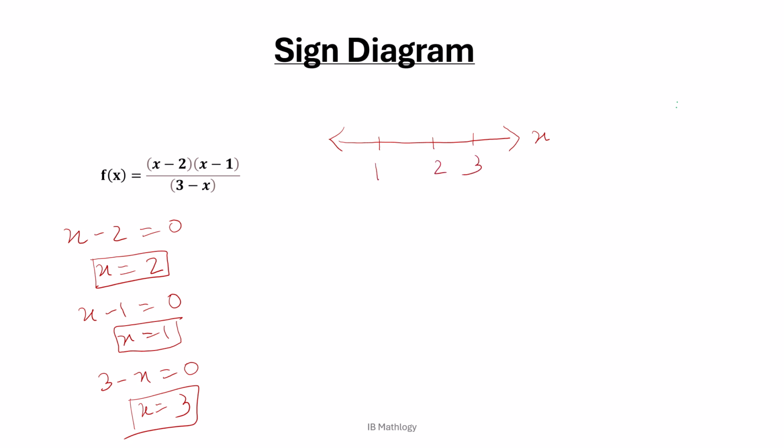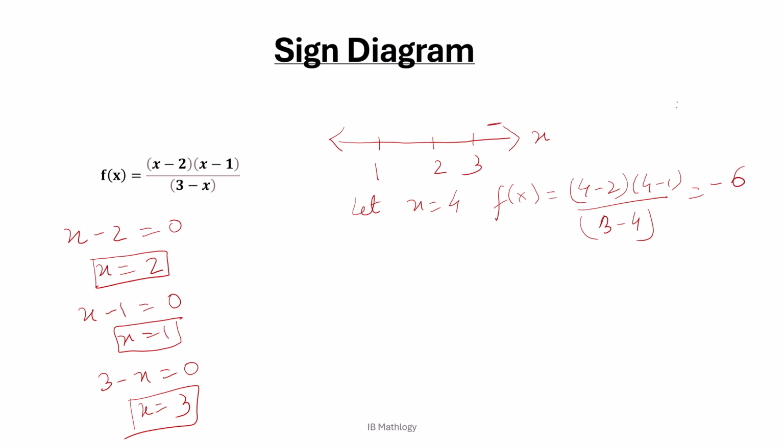Now for all the values which are greater than 3, let's check the sign. Let us take the x value as 4. We will put this x value in the function. So we are getting (4 minus 2)(4 minus 1) upon (3 minus 4), so we are getting an answer of negative 6. Right now I am only focusing on the sign. The sign is coming as negative.